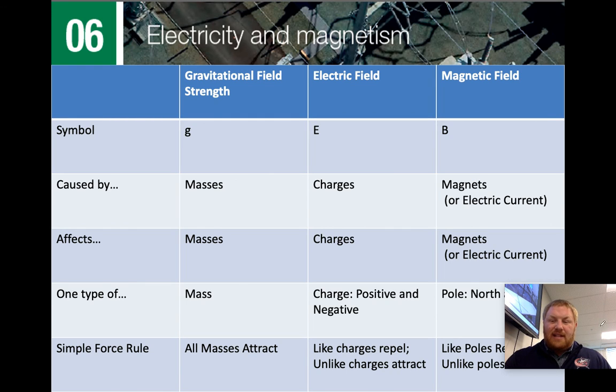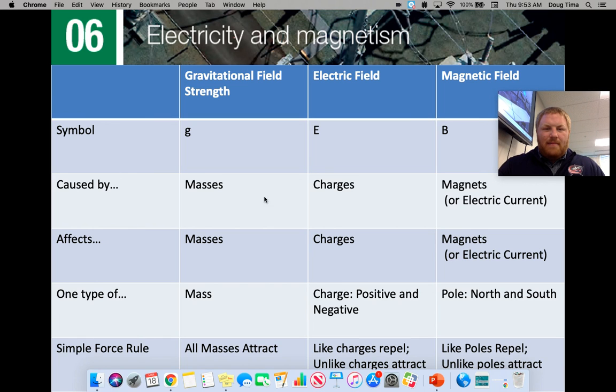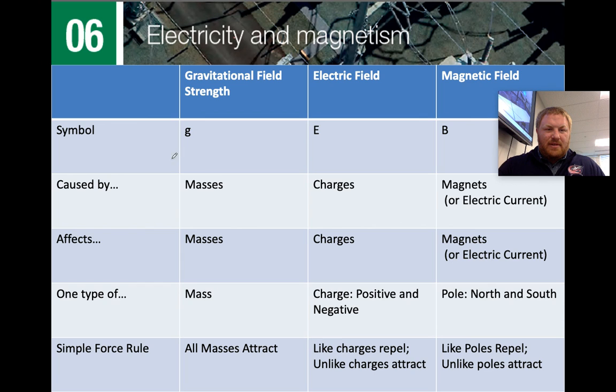All right, and this is the last time you'll see this picture. But remember when we talked about gravitation? That was a big G, right? Big G, M1, M2 over R squared. Remember with electricity, that was K, a constant.